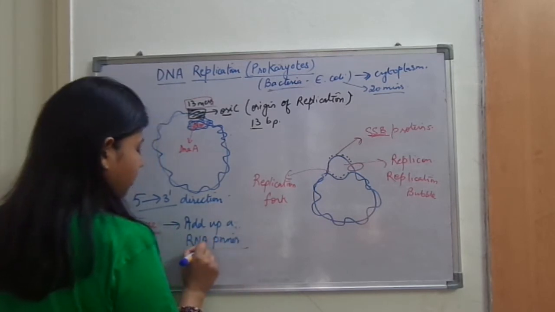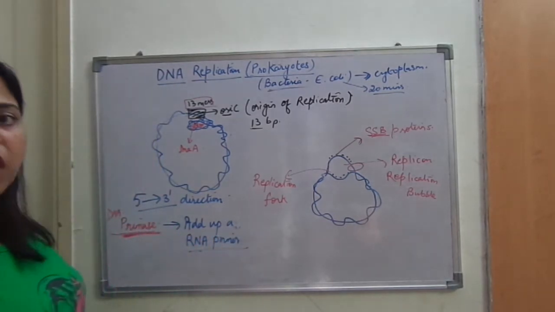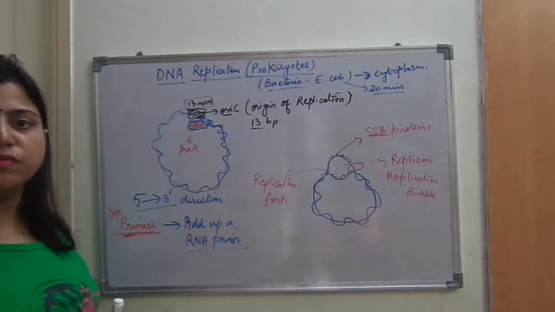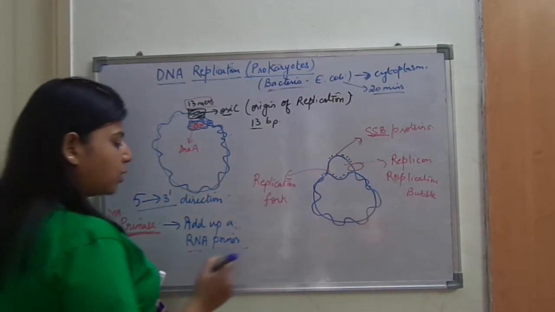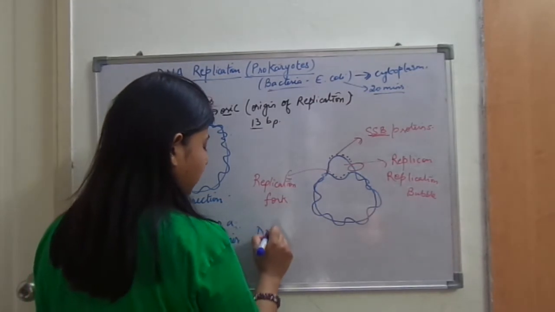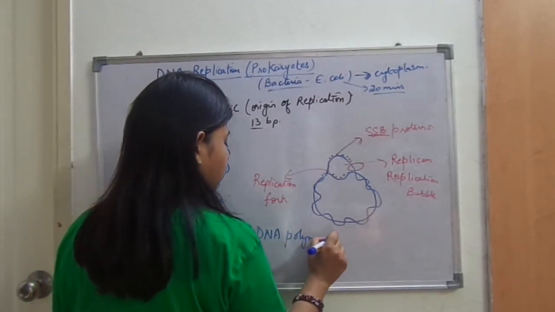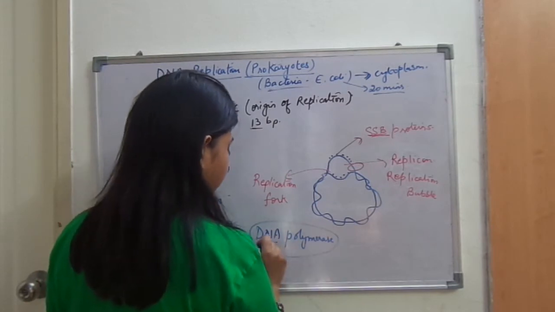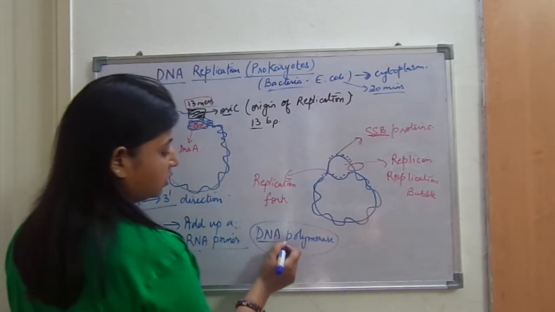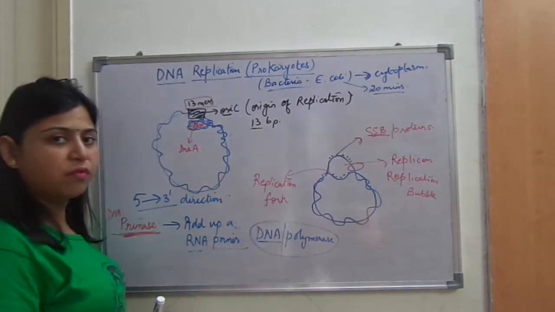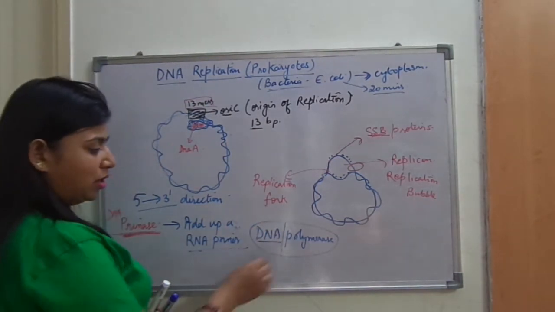Now without RNA primer, DNA replication will not occur, because the next enzyme that we are going to load is DNA polymerase. You can see the name, DNA polymerase. This enzyme carries out the process of DNA polymerization.